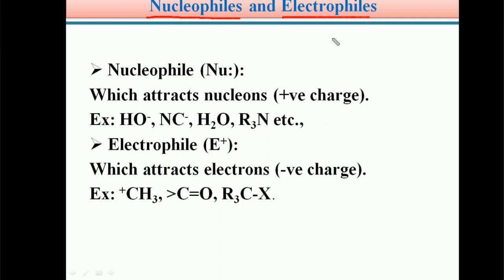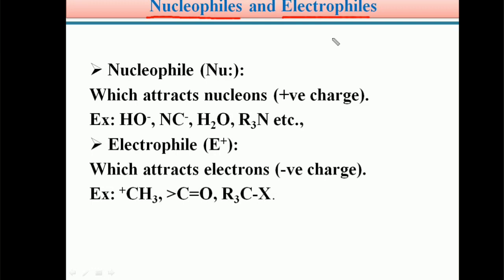Students, in an organic reaction, generally the reagent attacks the reactive site of the substrate molecule. For example, in an organic reaction, the substrate has an electron deficient nature.